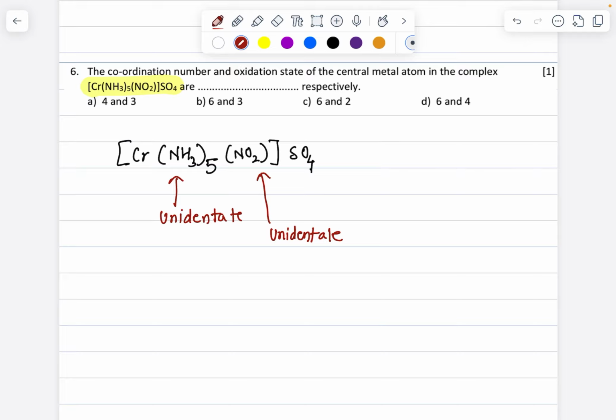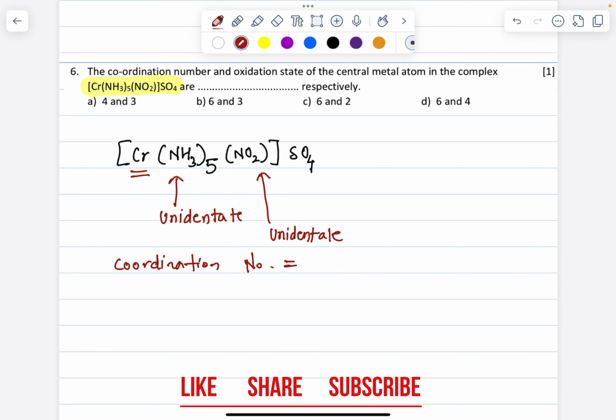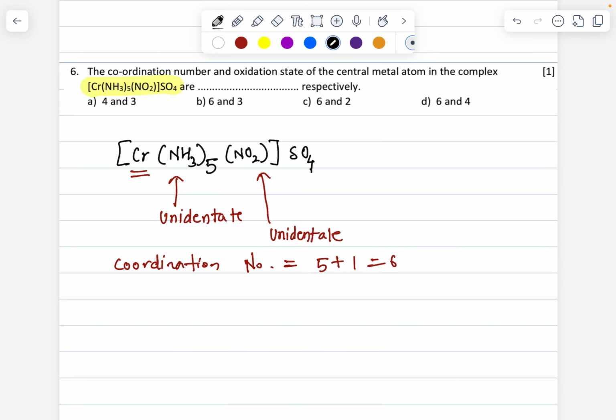And the oxidation state I need to find. Coordination number will be 5 plus 1, which is equal to 6. For the oxidation state, I'll put chromium as X, plus 5 into ammonia, which is 0.